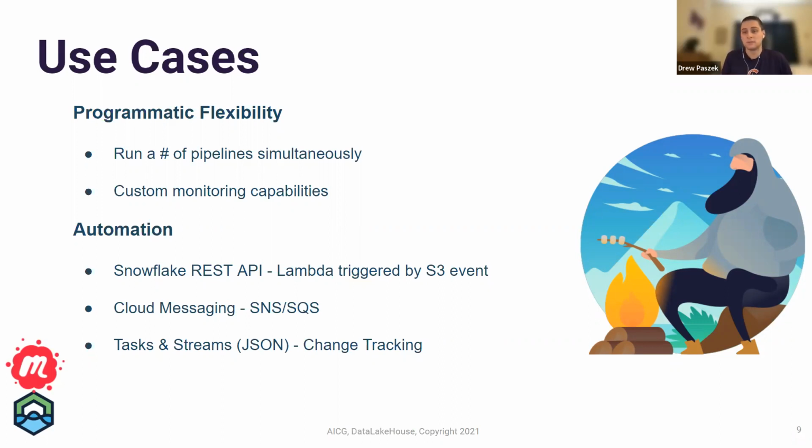Again, it's a very automated flow. There's also the ability to use cloud messaging, like, for example, AWS Simple Notification Service and Simple Queue Service, to trigger that automated flow of Snowpipe. And then again, being able to leverage Snowpipe with tasks and streams as well.